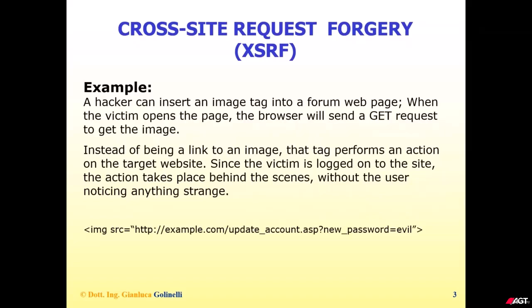In this example, assuming that the user has a valid session still active on an example.com site, if he visits a page of a malicious site with the tag displayed, the user may find the password on the example.com site changed without his knowledge.